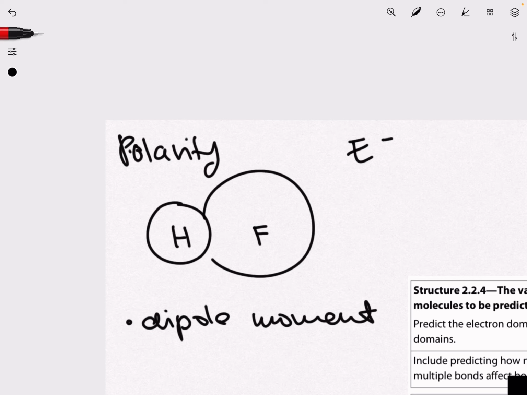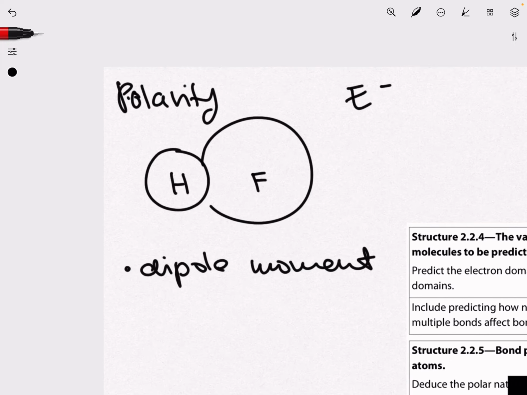You will have access to a periodic table in which you can see the electronegativities of all the elements, so this will not be something that you have to memorize, but it is a rule that you will probably end up knowing regardless.